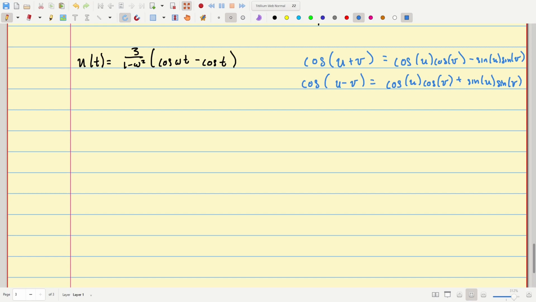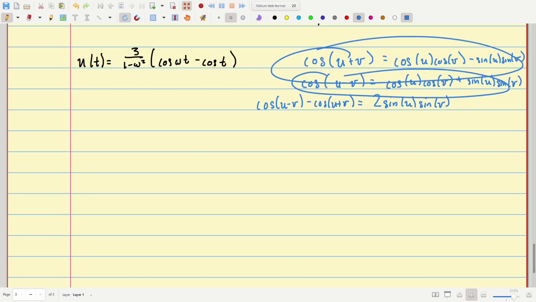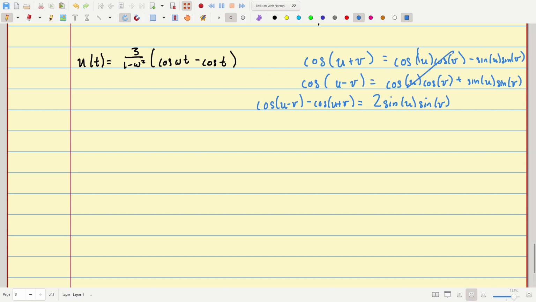All right. The reason that we do it this way is because if I take these expressions and subtract them, so if I take this minus this, these go away, and I'm left with two copies of this.